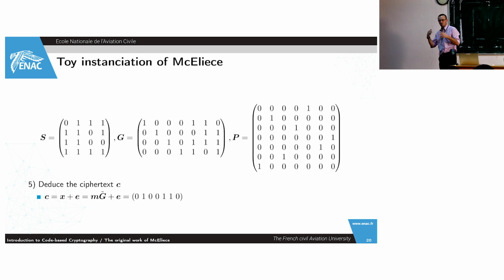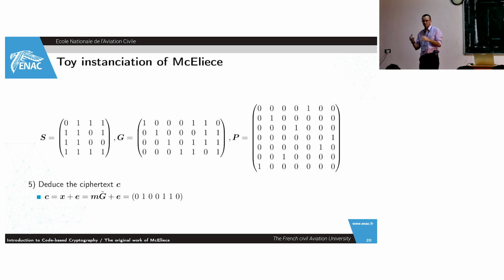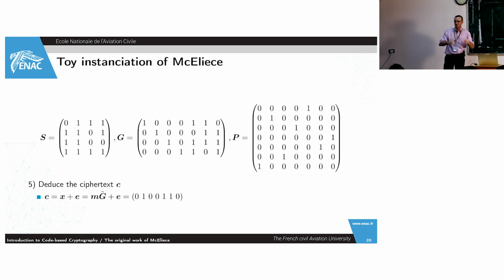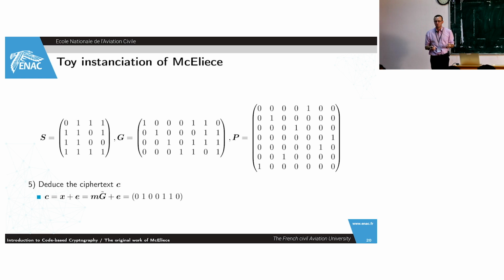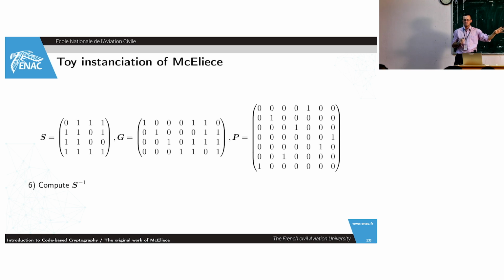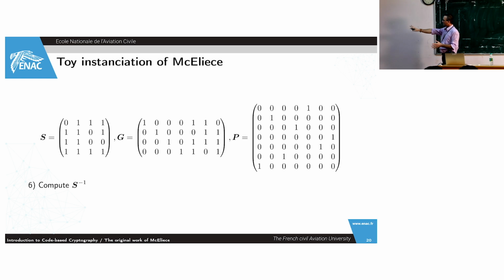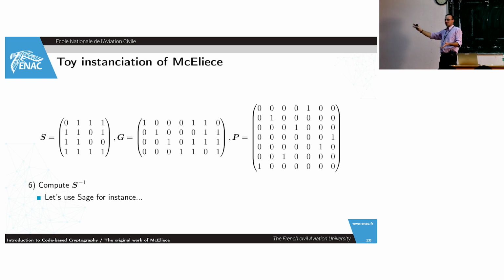Because a matrix representing a permutation lies in what we call the orthogonal group, meaning that a permutation matrix satisfies P times P transpose equal identity. With this equation, we know that P minus 1 is P transpose. Okay? So we don't have to compute P minus 1. We only have to look at P and transpose it.